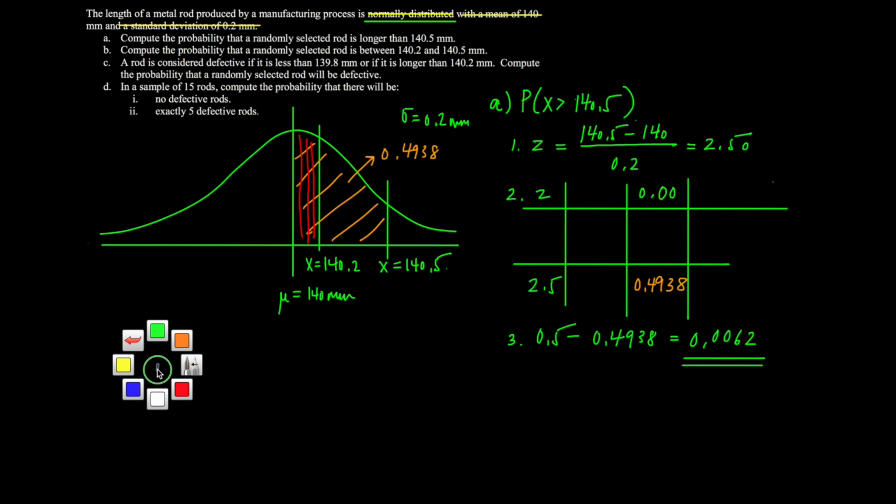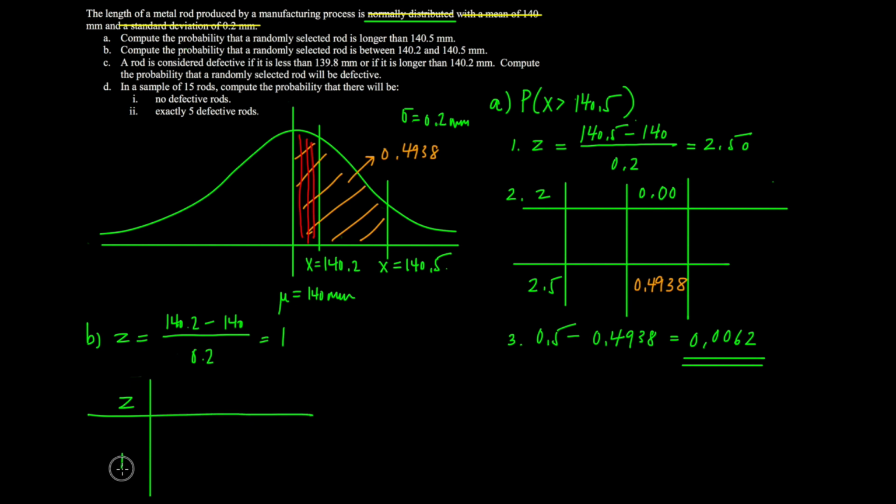So we're going to repeat the same process that we did in part A. We're going to find our z first. So it's going to be 140.2 minus 140 divided by the standard deviation of 0.2. So this is going to equal a z-score of 1. And then we're going to go in the z-table.